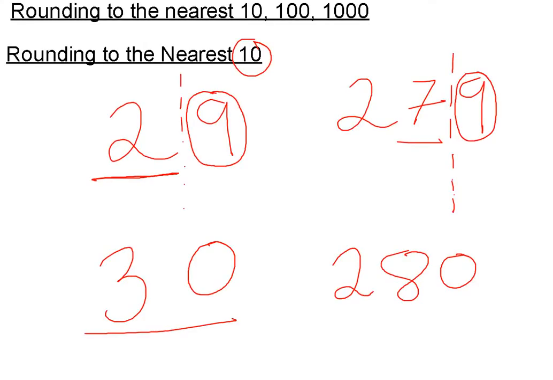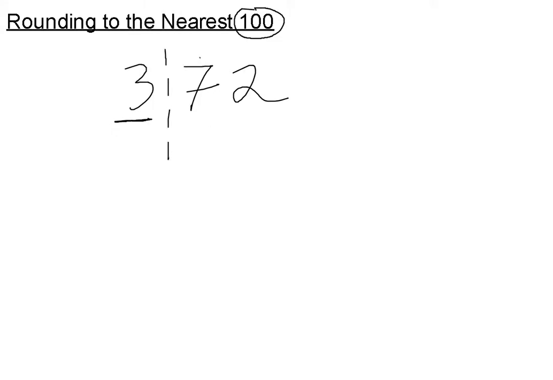So now let's consider rounding to the nearest 100. So let's imagine I have the number 372. If I want to round to the nearest 100, I underline the number in the hundreds column, I draw a dotted line, and I look at the number in the tens.